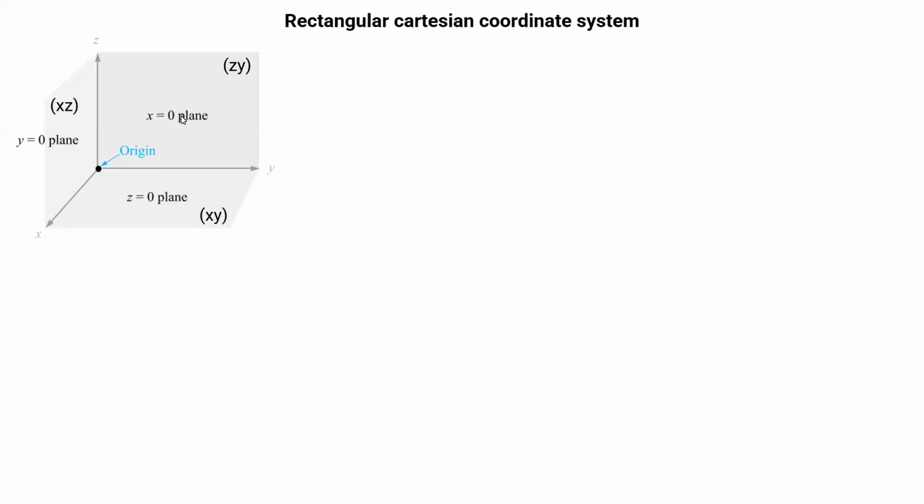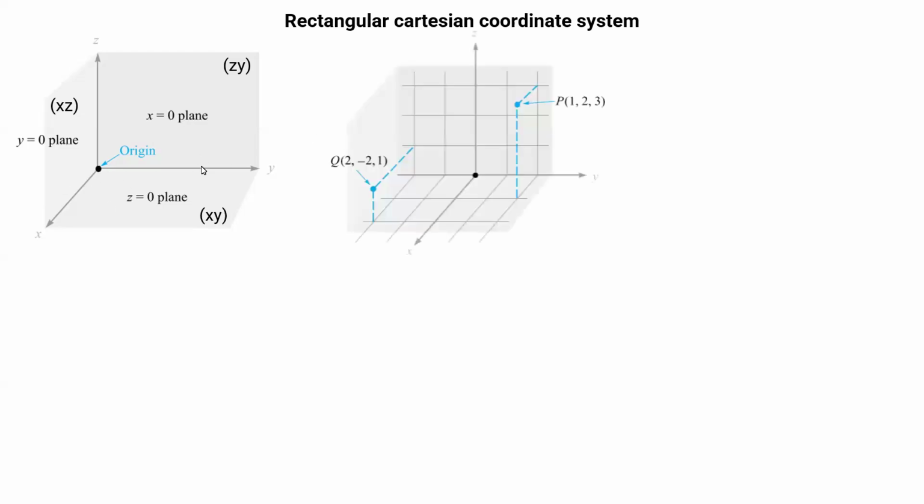One is orthogonal to the axis x. It is called the x equals 0 plane or zy plane, and so on for the other two. The origin, and so on. So having the coordinate system introduced, we can assign coordinates to any point in our space.